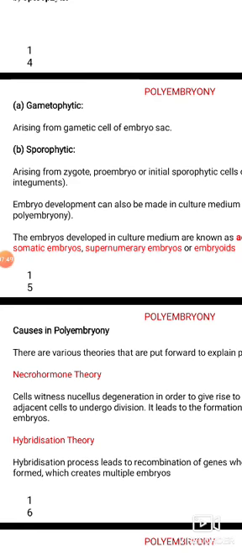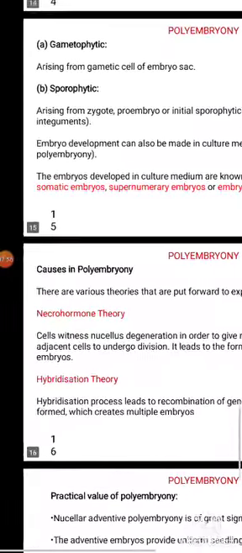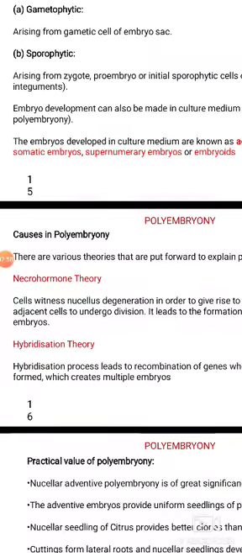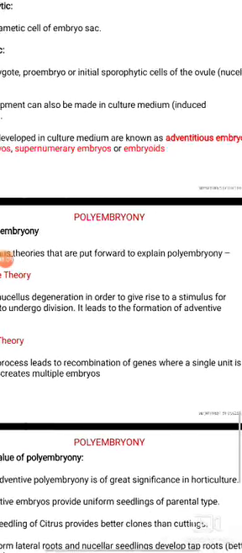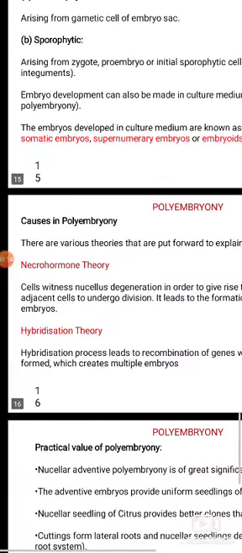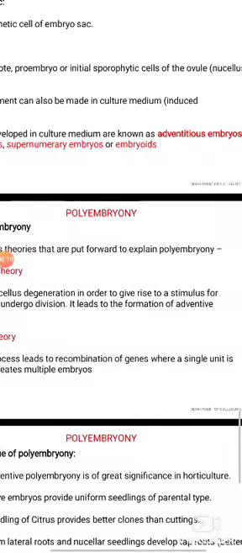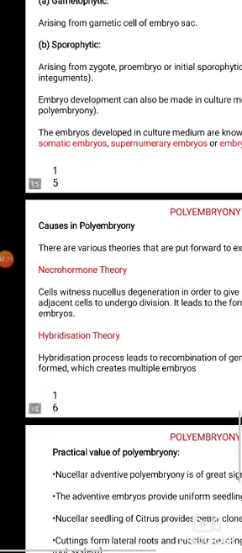There are various theories put forward to explain polyembryony. Coming to the first one, the necrohormone theory. Here, the cells witness nucellus degeneration, which gives rise to a stimulus for adjacent cells to undergo division. It leads to the formation of adventive embryos.